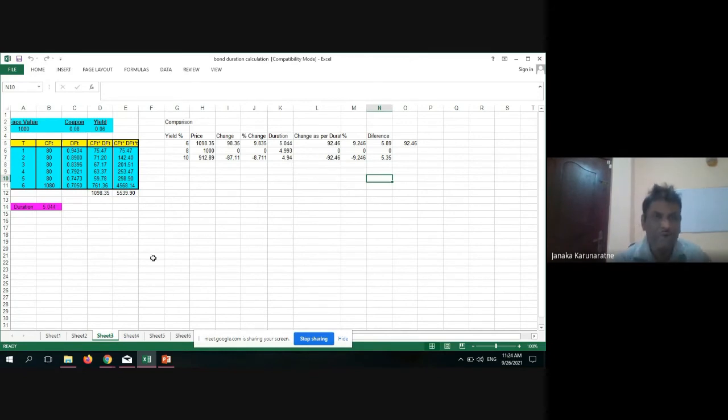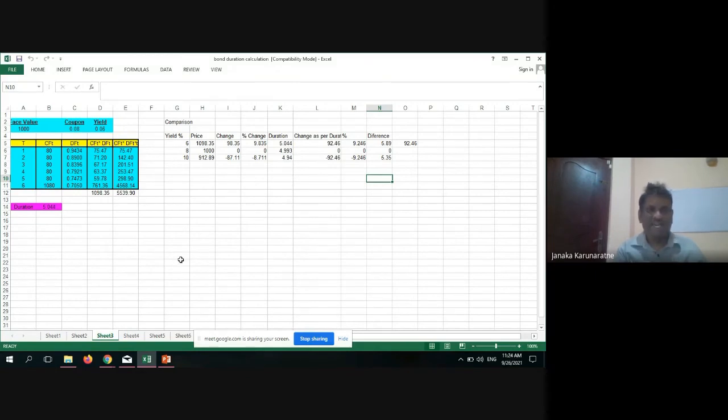Depending on the fund liabilities and fund cash flows, you want to maintain a particular duration, let's say between 5 to 6 or 5 to 7. Whenever the interest rate changes, the duration changes, so you have to be mindful of whether you are going to deviate from your target. That's why duration is very important.